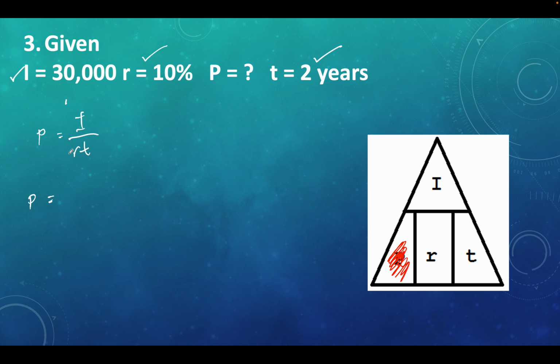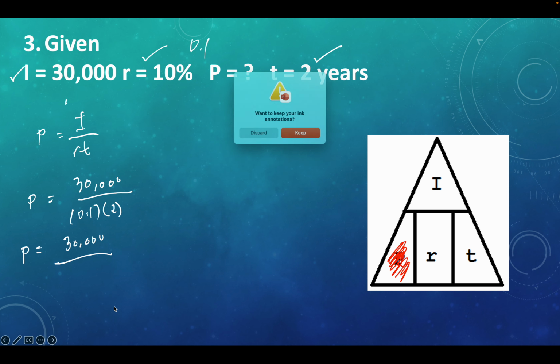So, we have P, interest is 30,000 divided by yung rate natin, which is 10%. Kapag ka-convert mo yan into decimal, that is 0.1. So, we have 0.1 multiply by the time, which is 2 for 2 years. So, principal natin. So, copy down mo lang si 30,000 all over 0.1 times 2 mo siya ngayon.